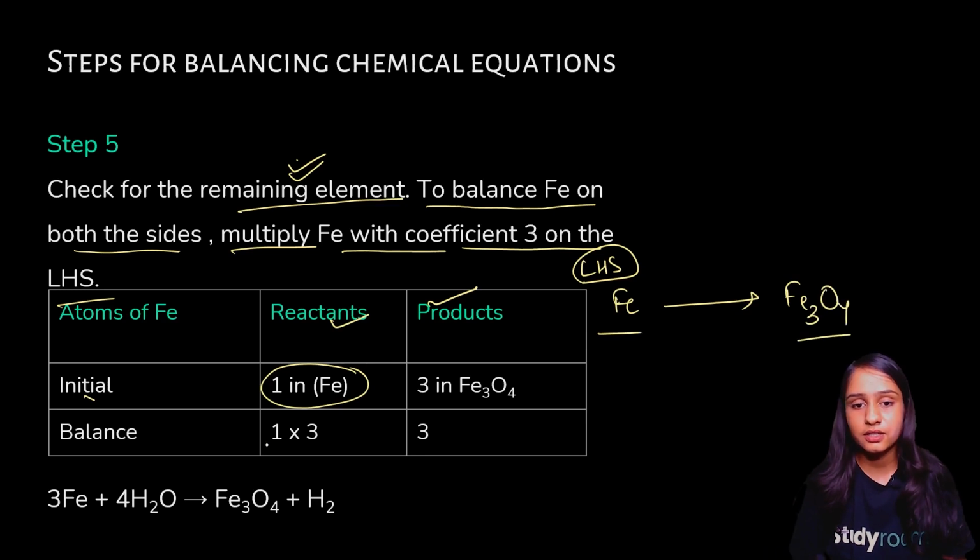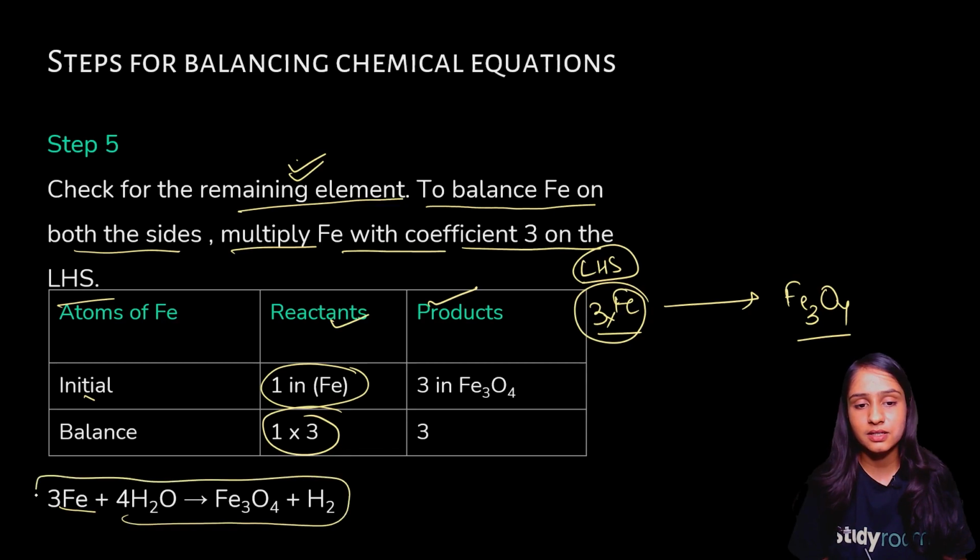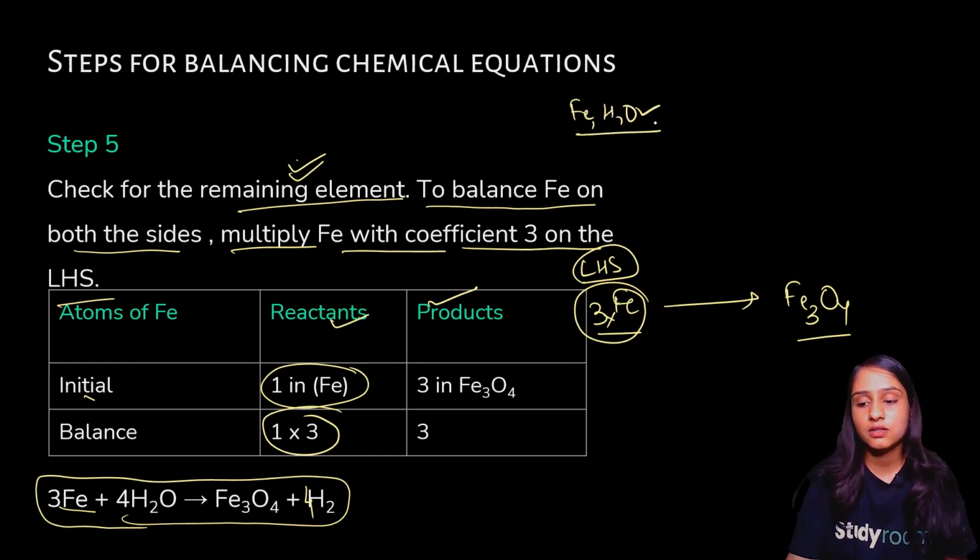So here, in order to balance it, you will multiply it with 3. What will you get? This is the perfectly balanced equation. Okay, so the Fe, H and O got balanced.